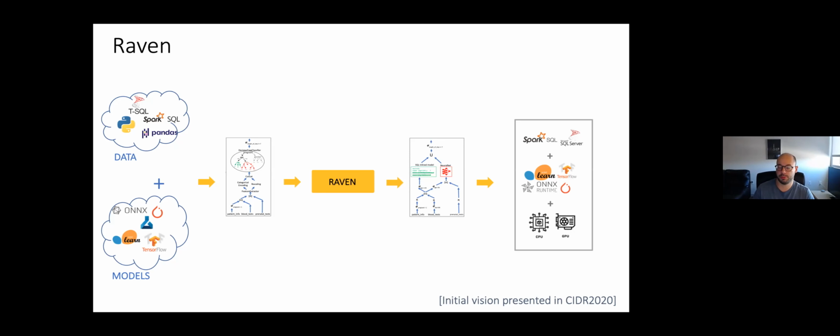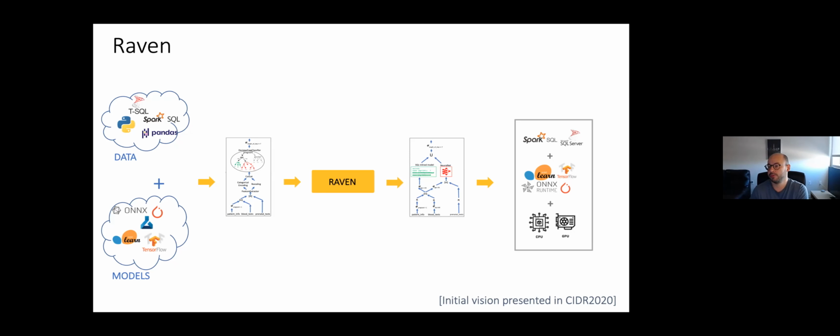The Raven optimizer gets this intermediate representation and does various optimizations that I will talk about next, and returns an optimized version of this IR, which we then translate to a SQL statement or an optimized plan, essentially, that can run on Spark or on SQL Server, which have been integrated with machine learning runtimes, and it can run on various hardware.